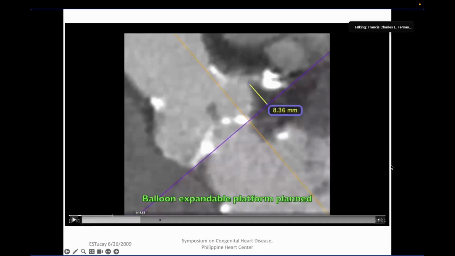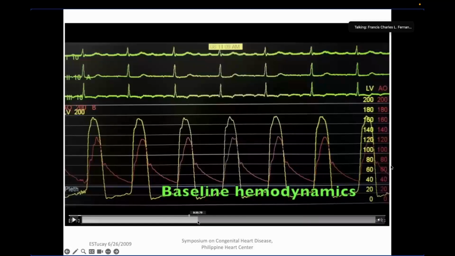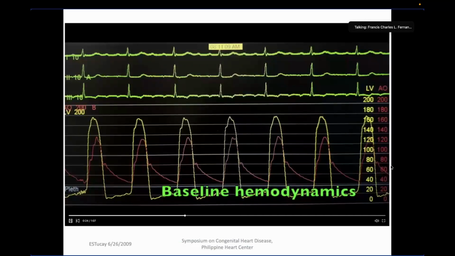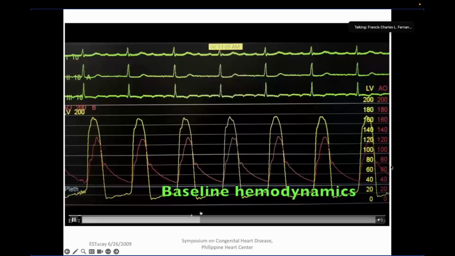So we'll stop. So I shall stop it here. So you can see this is an example of what we told earlier, that there's a gradient. The yellow tracing is the left ventricle.